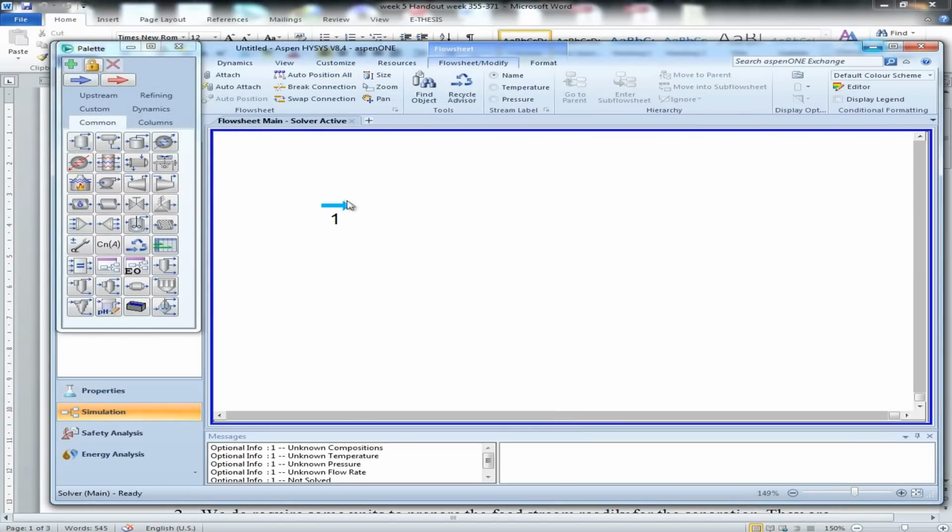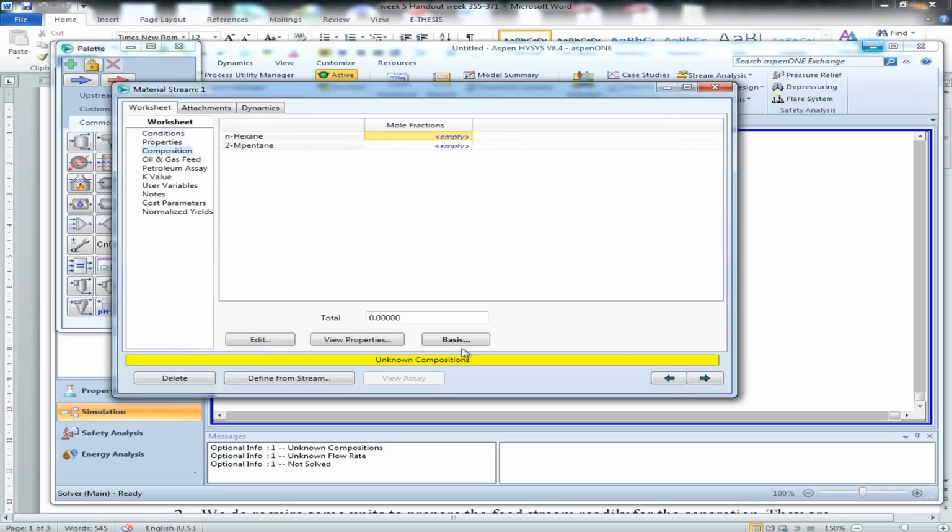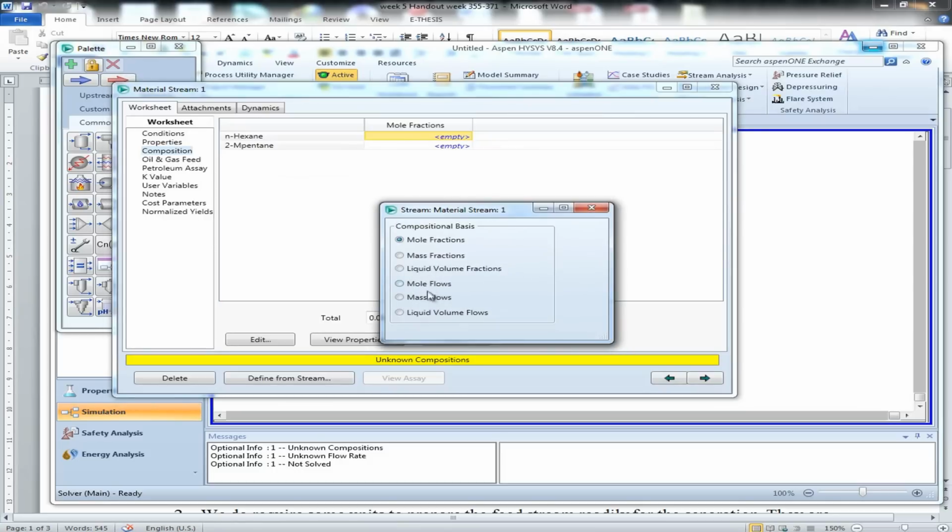We start with a temperature of 40 degrees Celsius, 100 kilopascal, and a flow rate of 507, with the composition based on mass fraction.